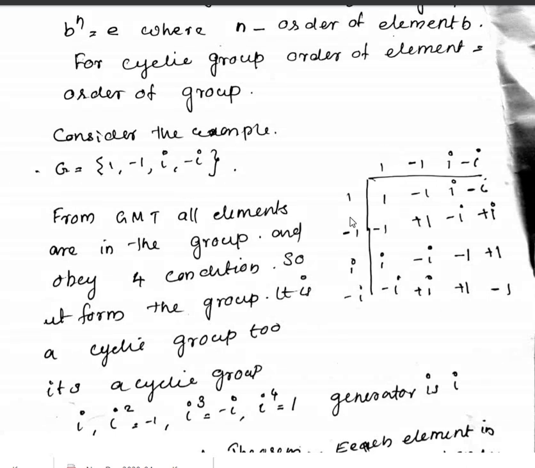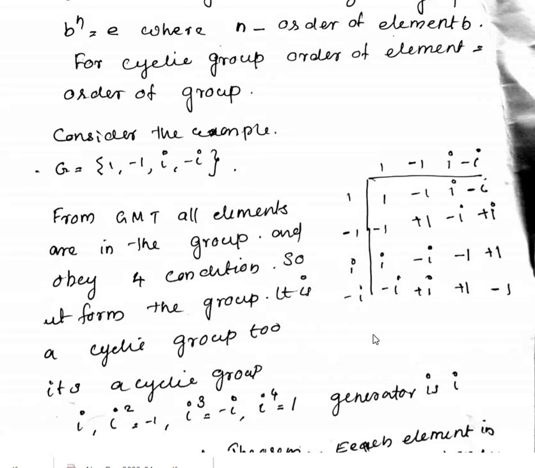So these elements are nothing but 1, minus 1, i, minus i. So this obeys the closure property, and also an inverse exists, and it obeys all the 4 axioms for a group. So this set {1, minus 1, i, minus i} also forms a group.